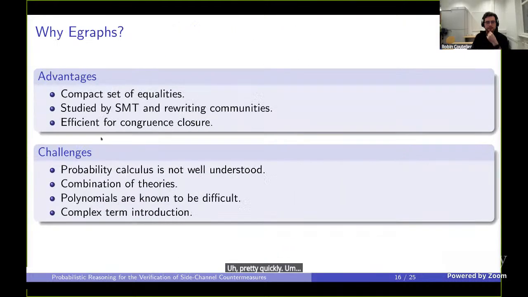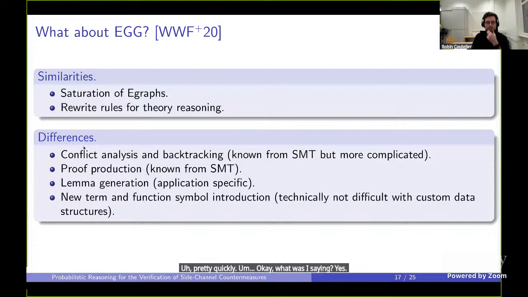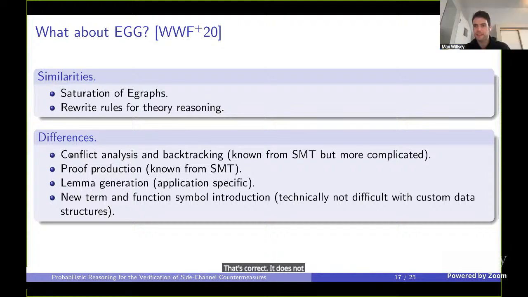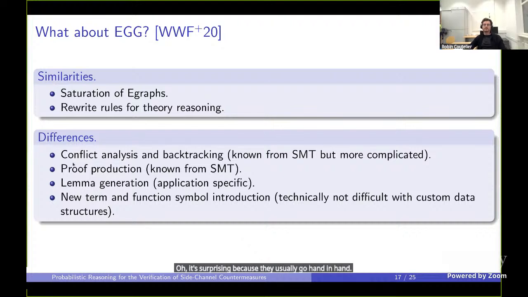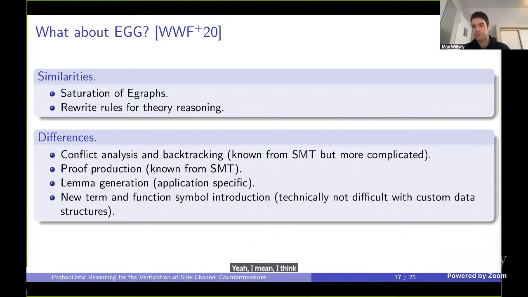Okay. What was I saying? Yes. I do not believe egg does conflict analysis. That's correct. It does not have conflict analysis. Yes. And proof production. It does do proof production. Oh, really? Yes. Oh, it's surprising because they usually go hand in hand. Yeah, I mean, I think that proof production was sort of added post facto.